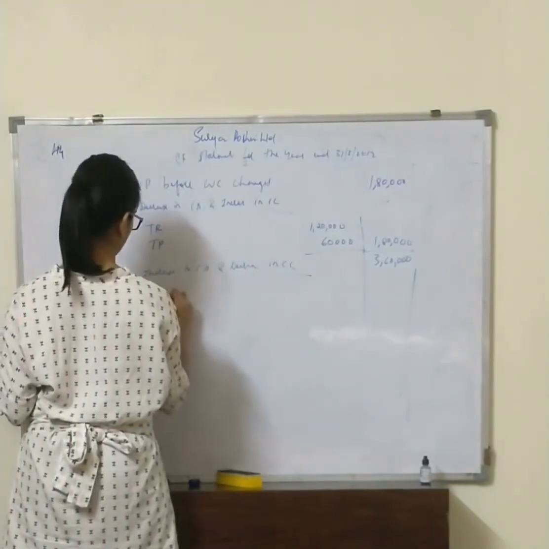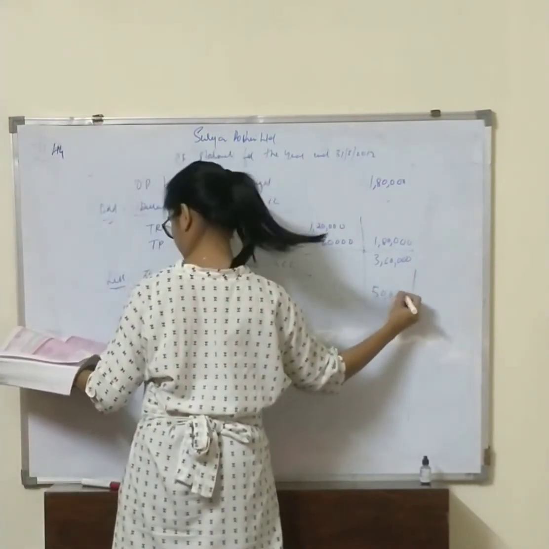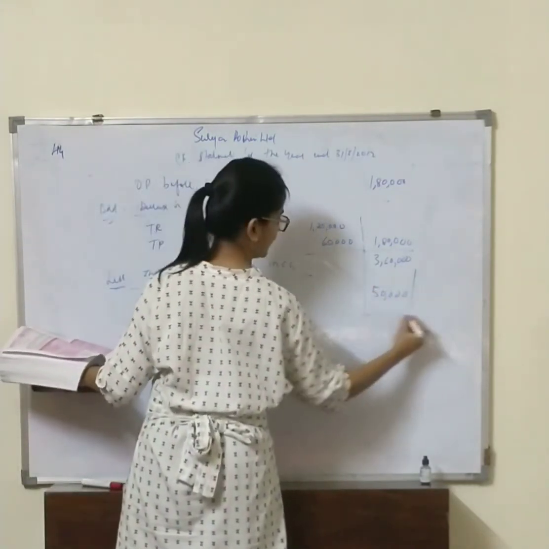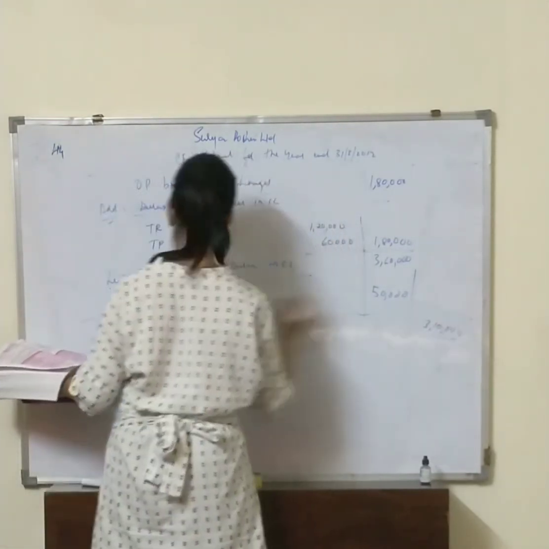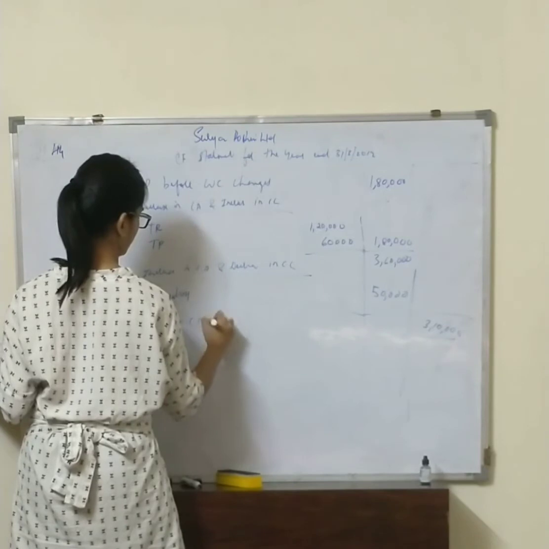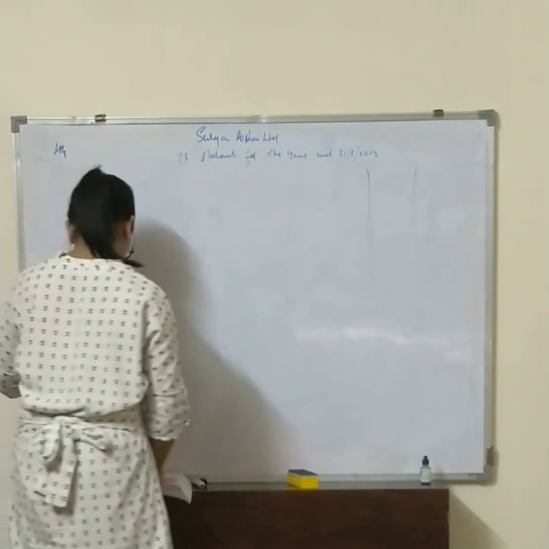Only increase in our inventory by 50,000. So do we have any tax paid here? No. Net cash flow from operating activities is 3,10,000.